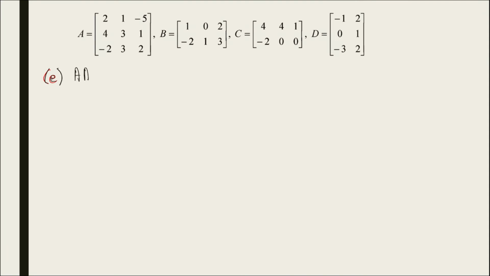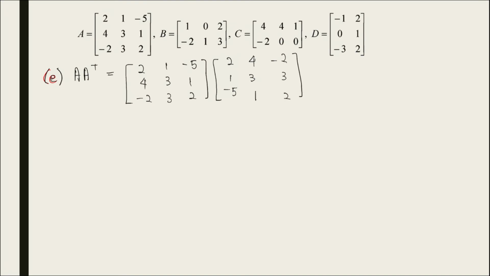A times A transpose. First write matrix A. You already know how to transpose a matrix. So A transpose is 2, 1, negative 5, 4, 3, 1, negative 2, 3, 2.